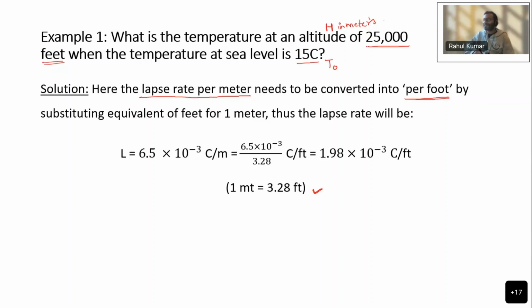So I've converted it from per meter to per foot. 1 meter is 3.28 feet, so I have converted the lapse rate into degree centigrade per foot by dividing it by 3.28.